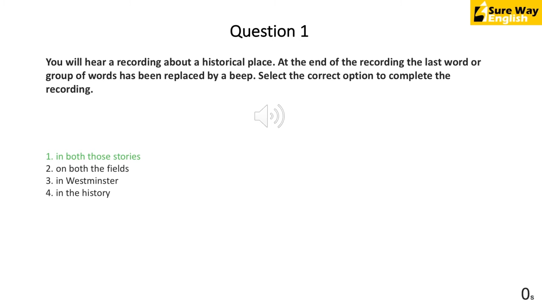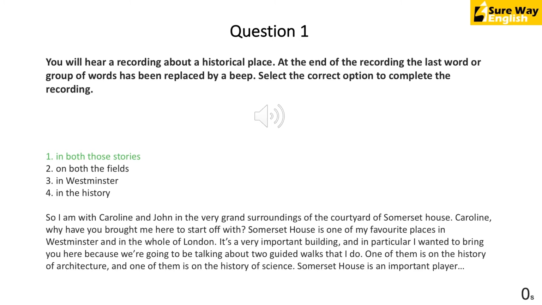Now let's look at the transcript so we understand what it was. So the second last sentence, one of them is on the history of architecture and one of them is on the history of science. Alright, and they're talking about these two guided walks and say that one of them is on the history of architecture and one of them is on history of science, and that Somerset House is an important player in both these walks.